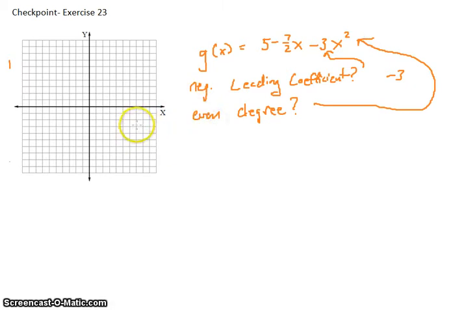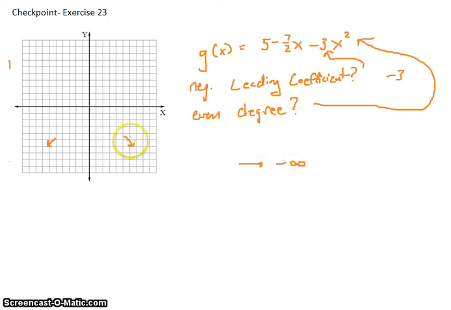So we know that if it's an even degree and a negative leading coefficient, then the end behavior has to look something like this. It doesn't really matter what the shape looks like, but we know that it goes towards negative infinity.